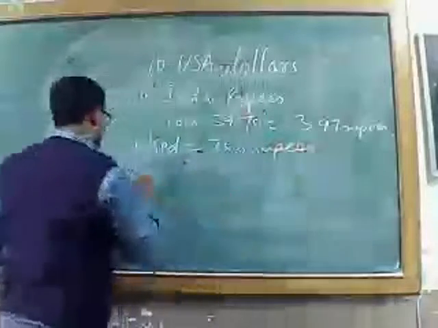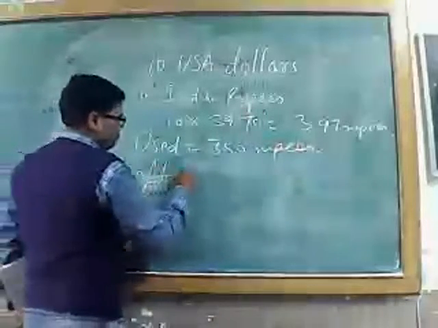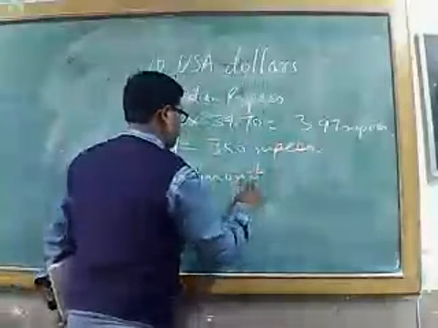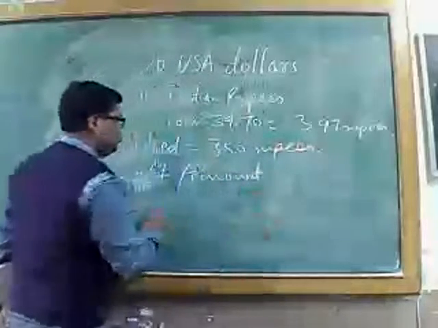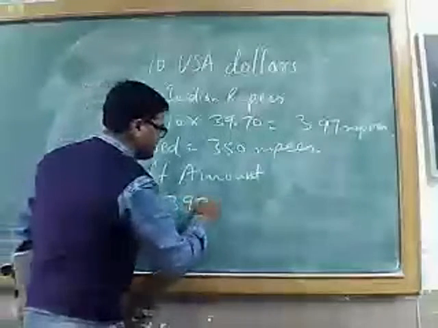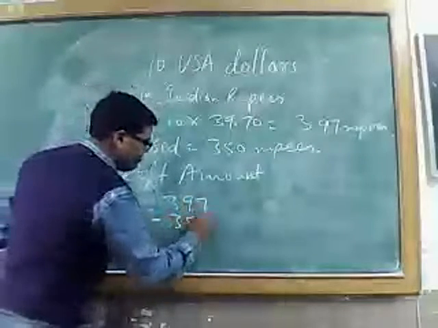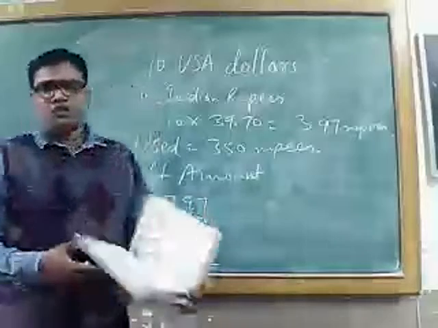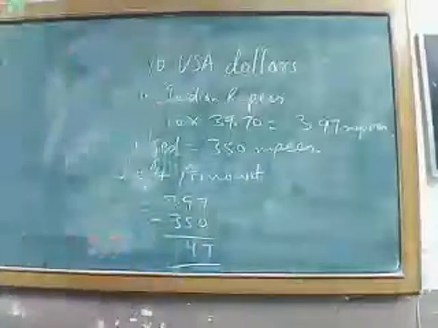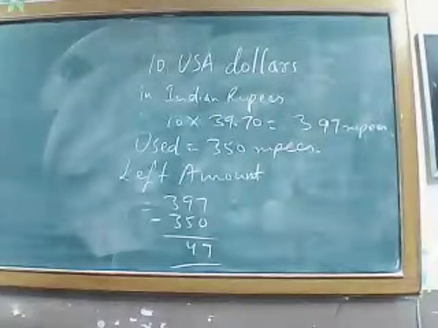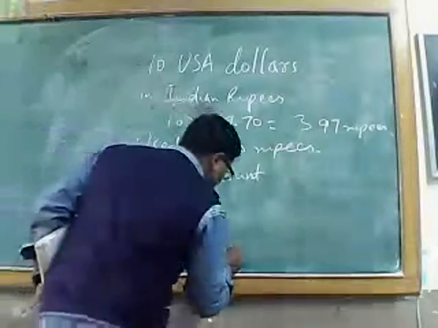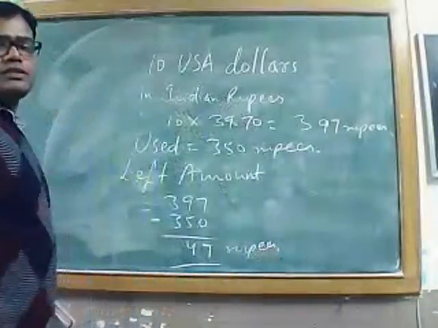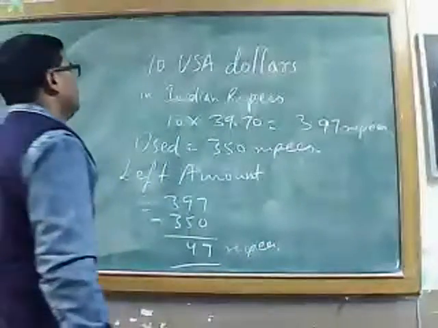Now the left amount will be 397 minus 350, which is equal to 47. The left amount is how much? It is 47 rupees.